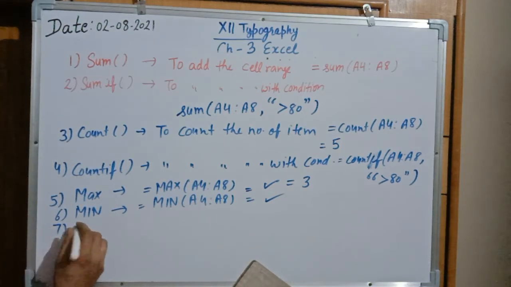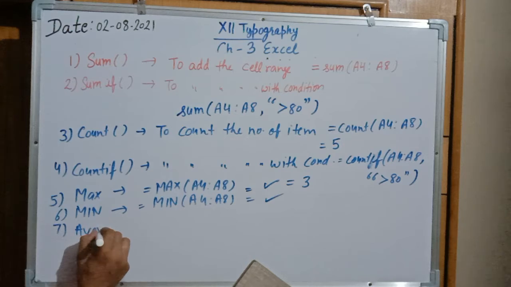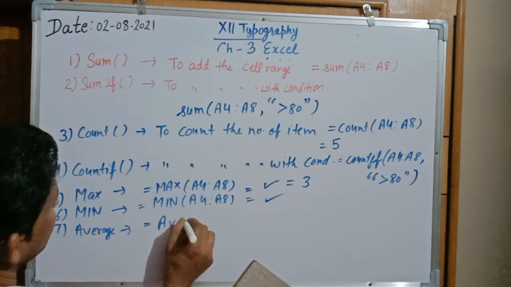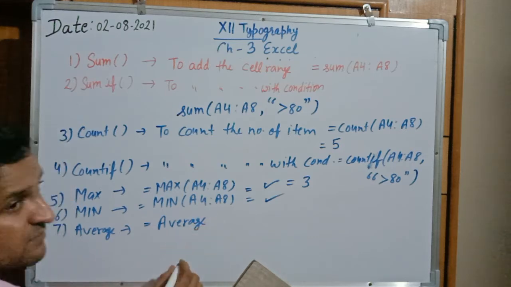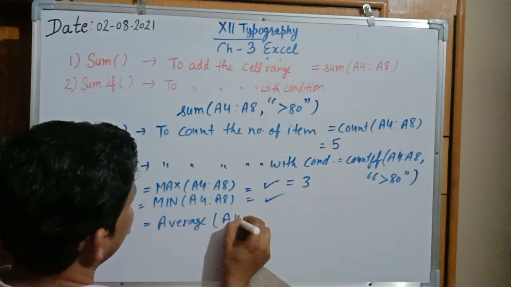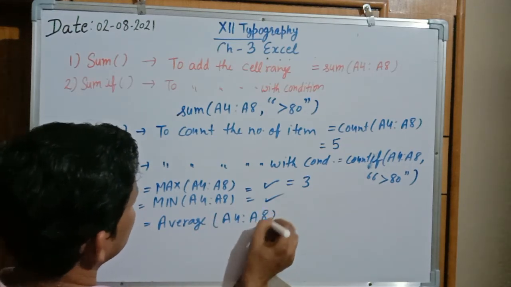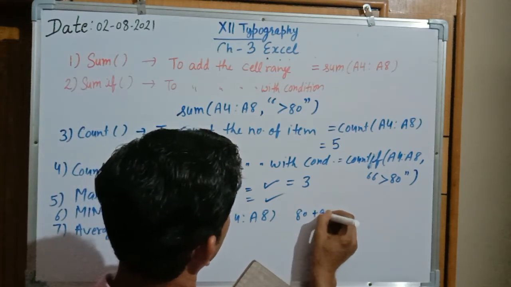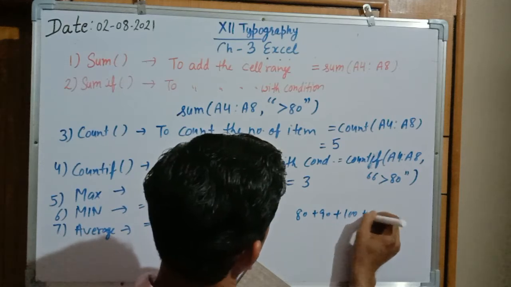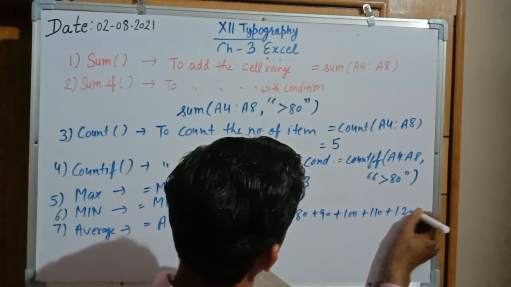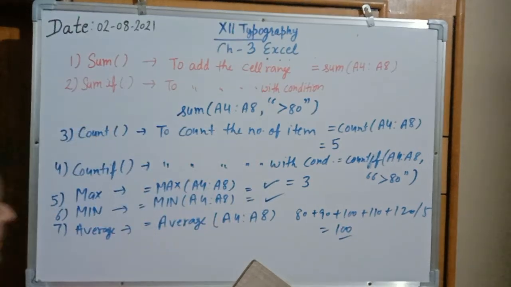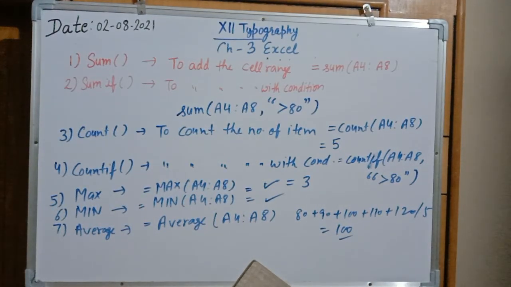Next is the average function. The function name is average, it is not AVG. Please keep in mind the function name is average. It will add all values and divide by 5. Suppose values are 80, 90, 100, 110, then 120, and then divide by 5. So the result will be 100. It is the concept of the average function.